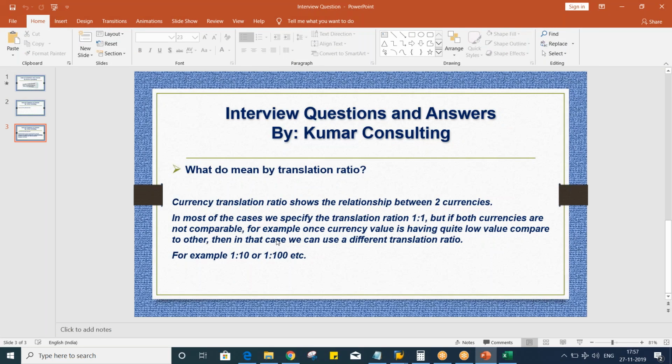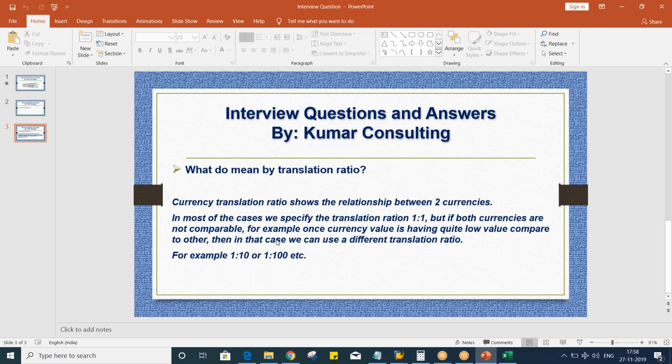But in most cases, we specify the translation ratio 1:1. But if both currencies are not comparable, for example, one currency has quite a low value compared to the other one, in that case we are going to use a different translation ratio.